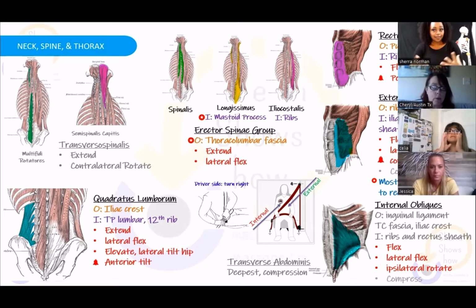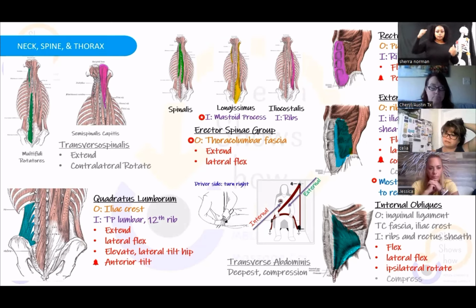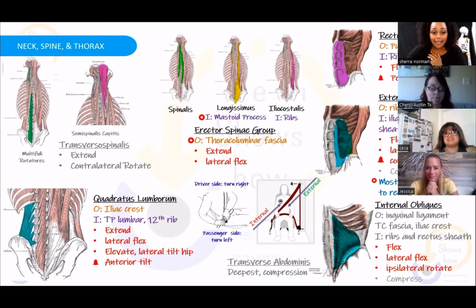Try to visualize it that way. That way we're like contralateral, ipsilateral, what does that mean? That's what that means, okay? These come down, they pull you this way, okay? That's why you do Russian twists and stuff when you're working out, okay? That's what I got. I hope that helps. Okay, and then there you go. Passenger side is the opposite, but same concept.